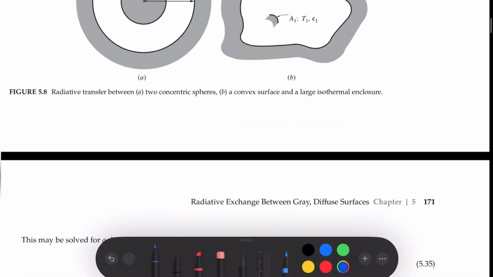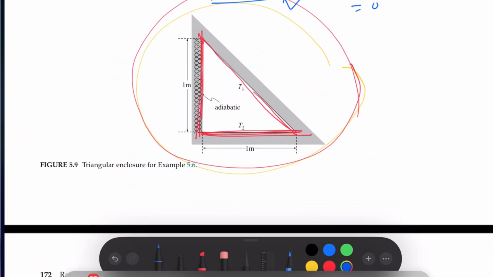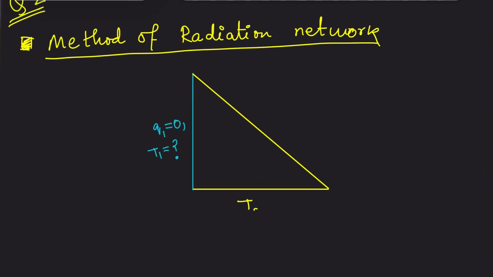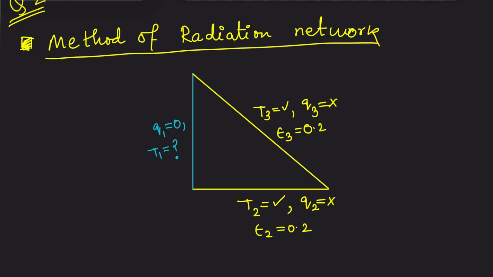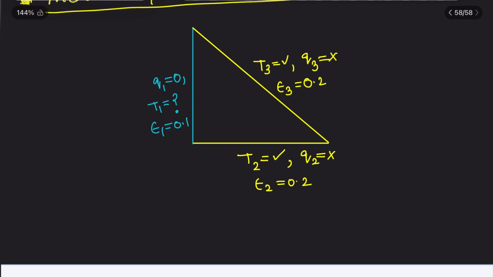Surface 2 is this. This is T2, which is given, and Q2 is not given. T3 is given, and Q3 is not given. Epsilon 3 is 0.2, epsilon 2 is 0.2, and epsilon 1 is 0.1.